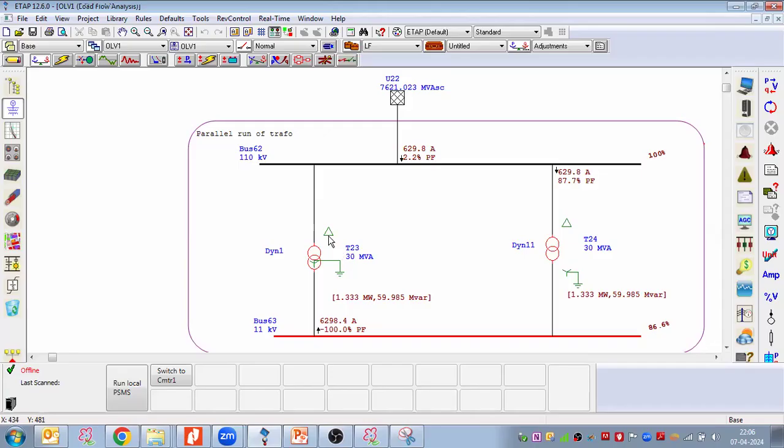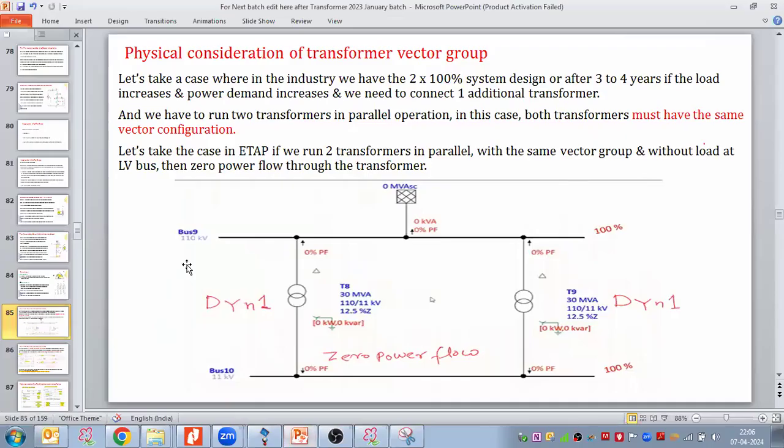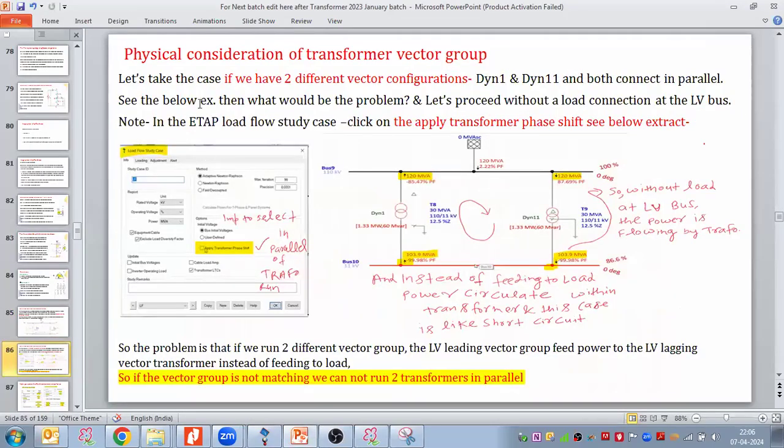If Dyn1 and Dyn11, then without any load, this transformer is overloaded. So due to this reason, we say that whenever two transformers run in parallel, both transformers must have identical vector connections or vector configurations.